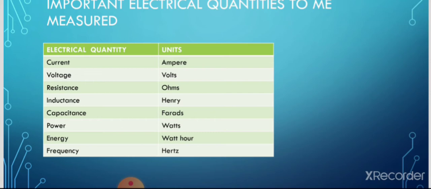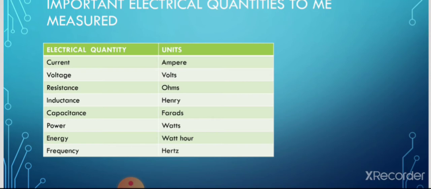Resistance, which opposes the flow of current, is measured with the instruments ohmmeter or megger, and its units are ohms. Inductance is denoted with L. Inductors are the components which store energy in magnetic form, and its units are henries, and the meter used is the LCR meter.